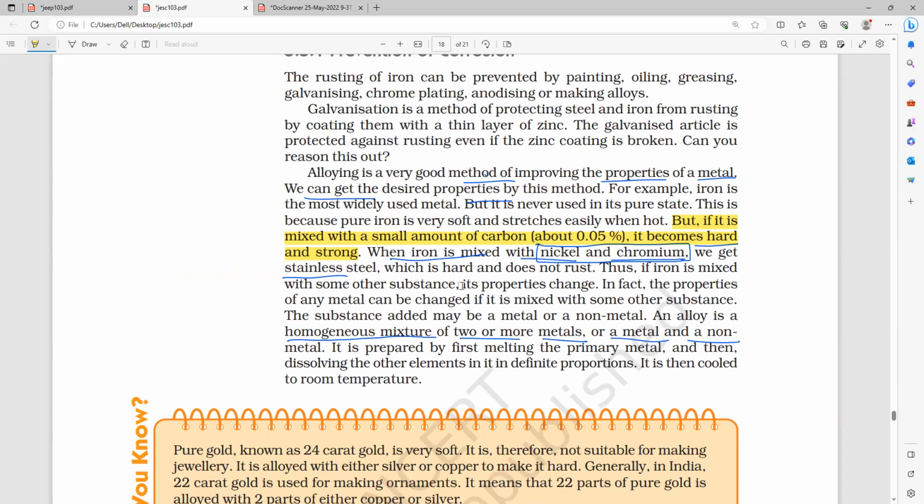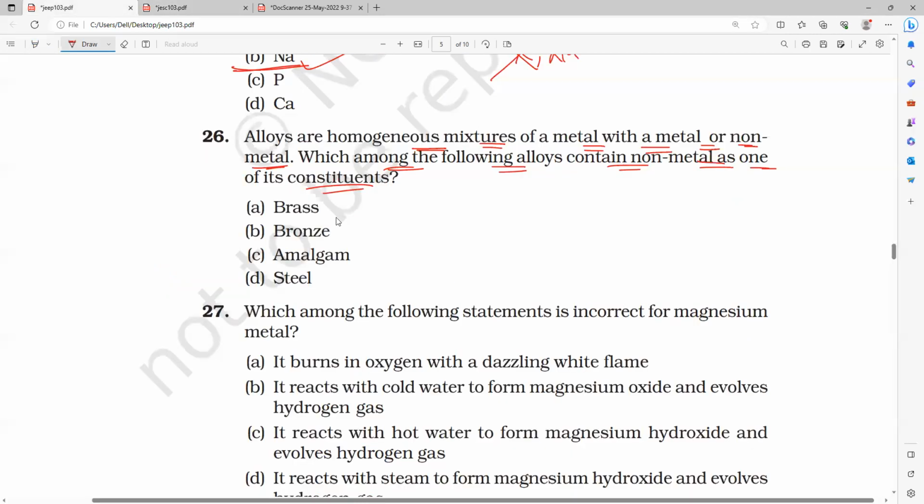Very bad. Take your tabular column, I have given you or not. If it is nickel and chromium, we used to call it stainless steel. If it is only carbon, what do we call it? We used to call it steel. So please write it: iron 99.95 percentage plus carbon 0.05 percentage.